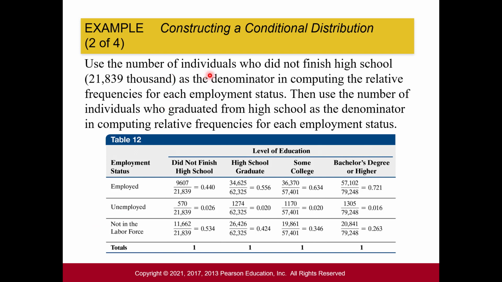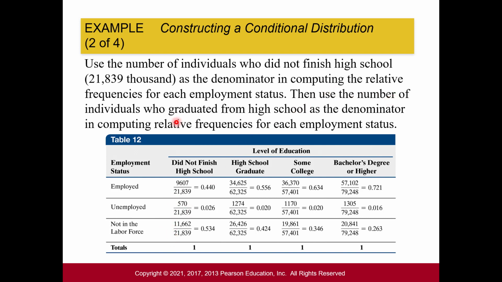So we're going to use the number of individuals who did not finish high school as the denominator and compute the relative frequencies for each employment status. Notice the same denominator in the three employment status categories, and changing numerators based on whether they were employed, unemployed, or not in the labor force. But this is all for did not finish high school.